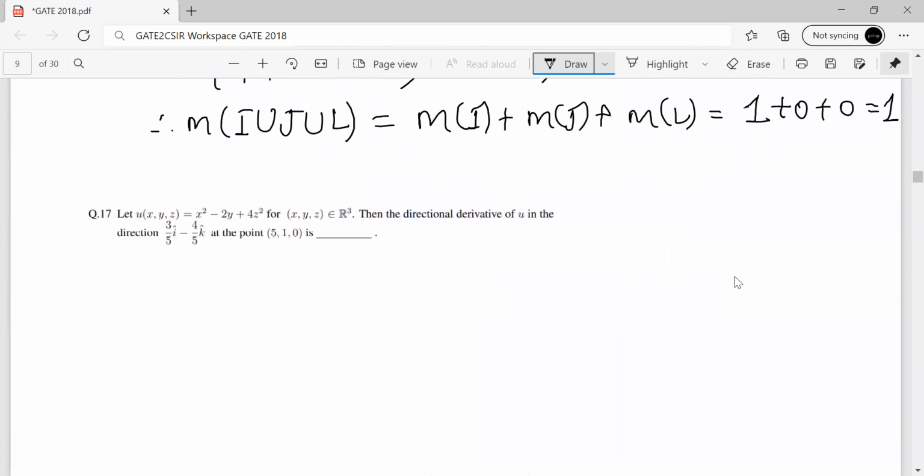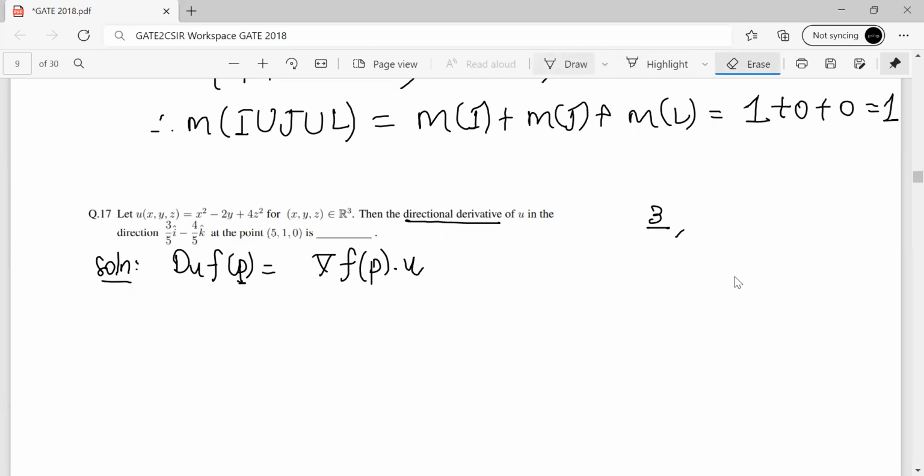Now let's find this. You are given u of x, y, z, and they want the directional derivative of u in this direction at this point. To find the directional derivative, simply apply this formula: D_u f of p is grad f of p dot u. Here p is the point and u is the unit vector, so first we need to check that it is a unit vector. 3 by 5 comma 0 comma minus 4 over 5.